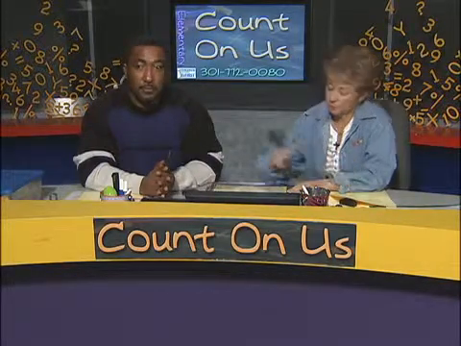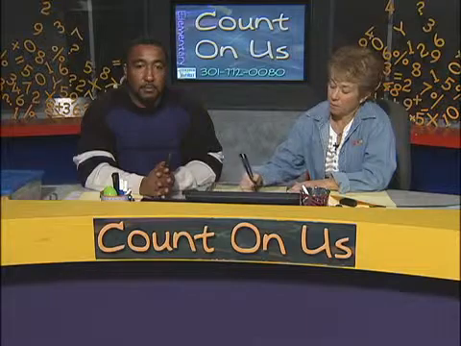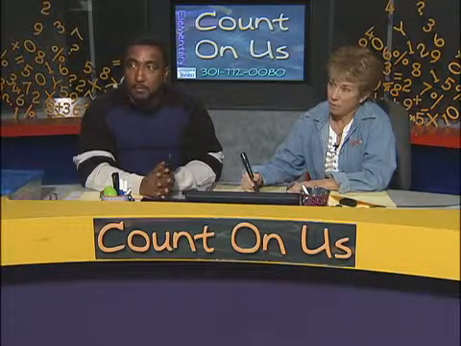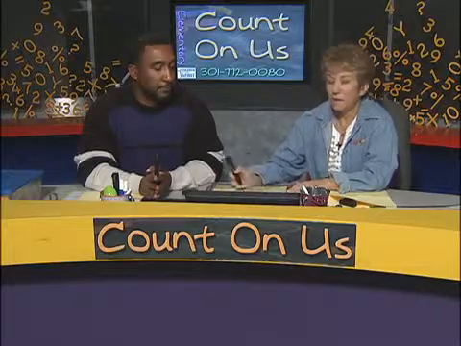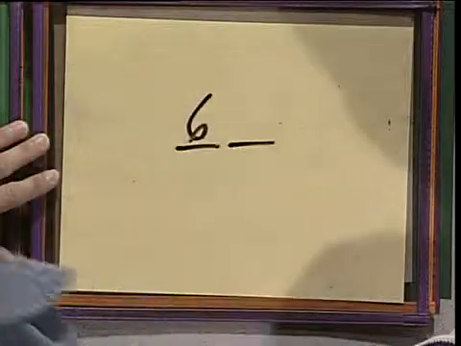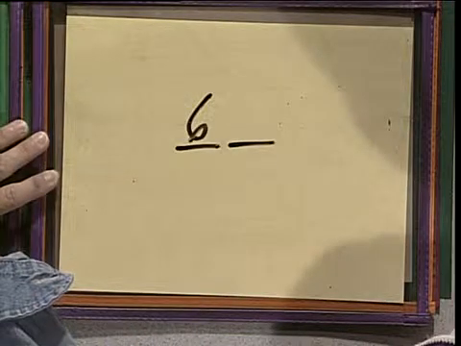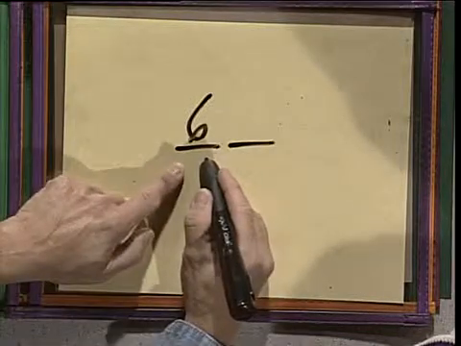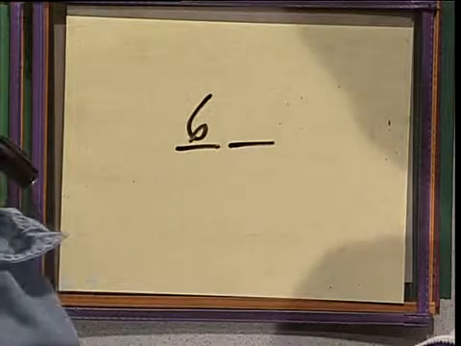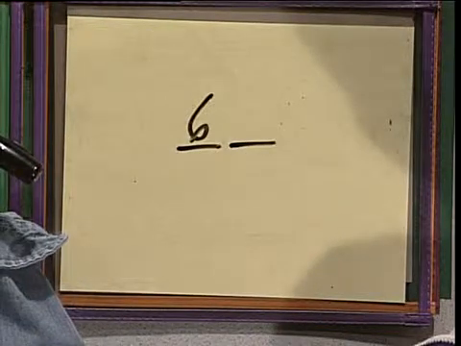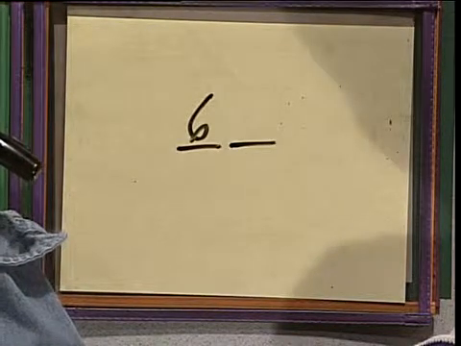It says the 6 in the tenth place is blank, the value of the 6 in the tenth place. The 6 is in the tens place? Yes. Okay. What else do we know? Because you said there's a 6 in the tens place, I automatically put a ones place. Got to tell me some more information.